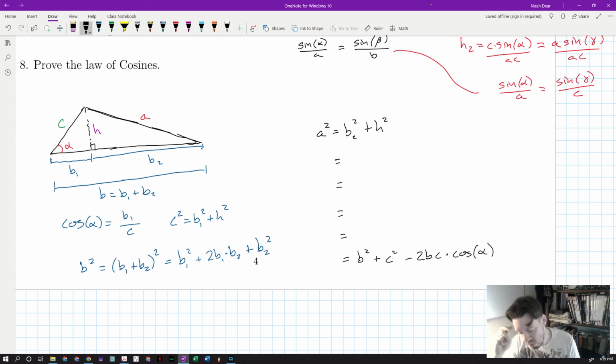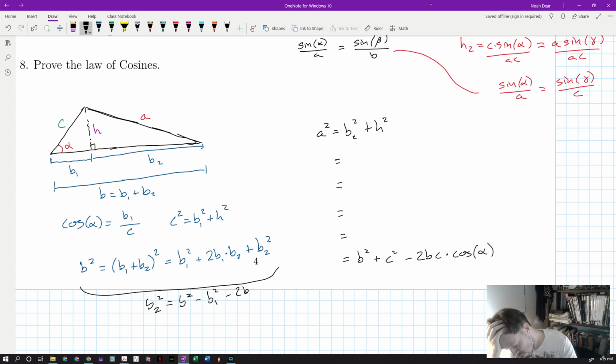That's our end goal. So I kind of want to look at this here. I see that B2 squared equals B squared minus B1 squared minus 2 B1 times B2. And then H squared from this equals C squared minus B1 squared.